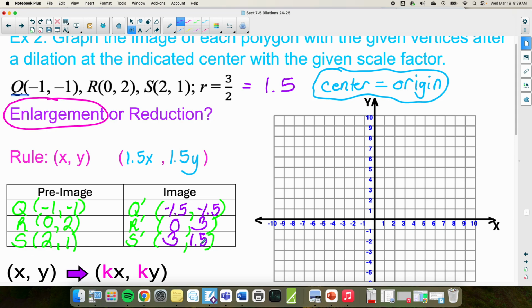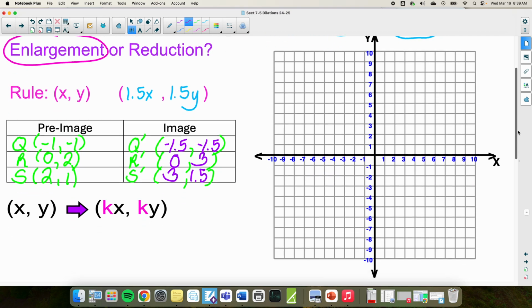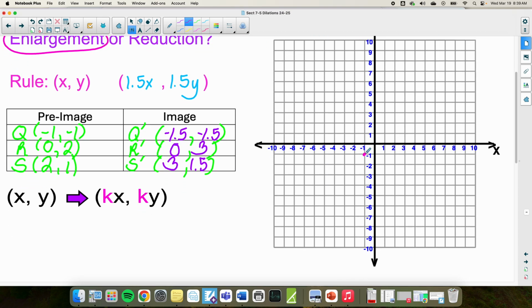Okay? So now I have to come over to my graph and I have to graph both of those. So I'm going to graph the pre-image first. So Q is at -1, -1. R is at 0, 2, and S is over 2 up 1. So I would connect those. And again, this is going to be Q is here, R is here, and S is here, all right?